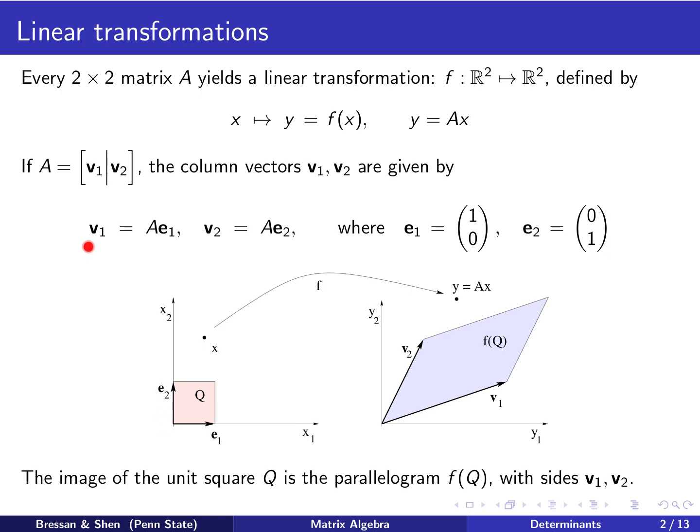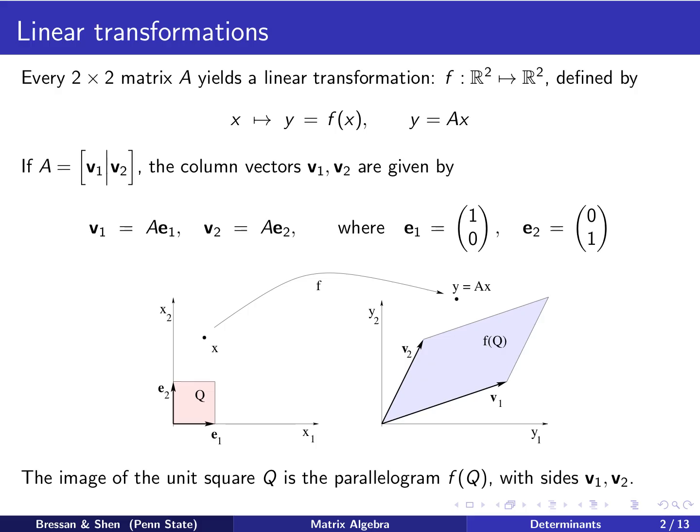And then V1 will be A times E1, let's say assuming V1 like that. And then V2 is A times E2. Let's say V2 is like this. So this linear transformation maps a unit vector E1 into a vector V1 and the vector E2 into another vector V2.